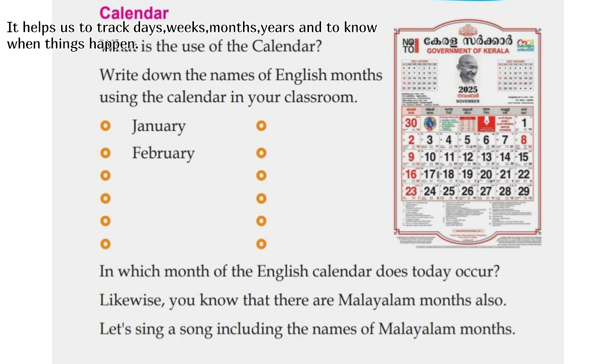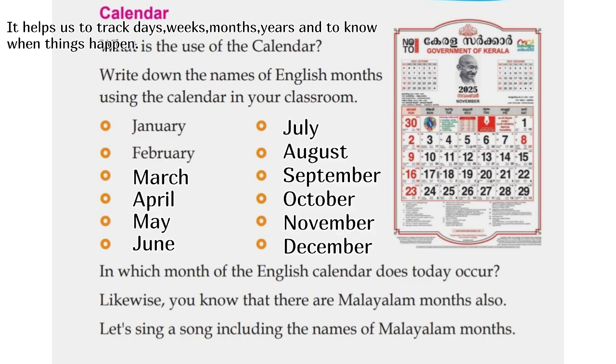January, February, March, April, May, June, July, August, September, October, November, December. In which month of the English calendar does today occur? November. Likewise, you know that there are Malayalam months also. Let's sing a song including the names of Malayalam months.